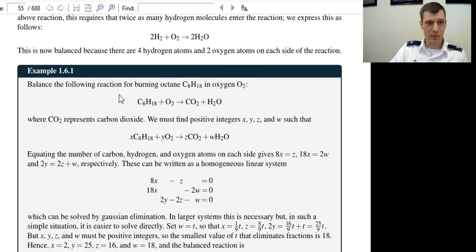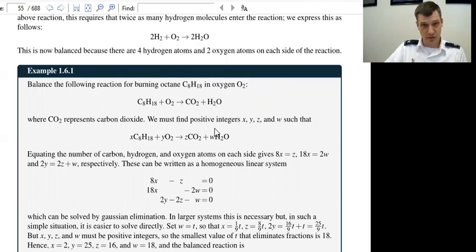So part of a chemical process analysis is coming up with balanced equations. Let's balance the following reaction: if you burn octane in oxygen, well, then here's the octane added to some oxygen. When you burn it and these chemicals react with each other, you get carbon dioxide and water.